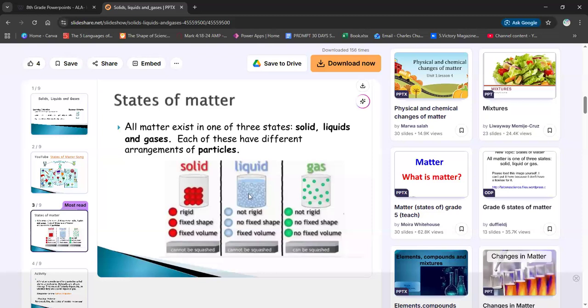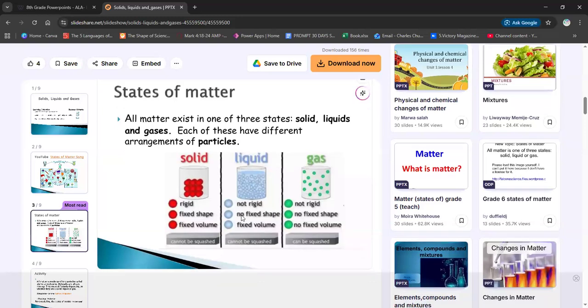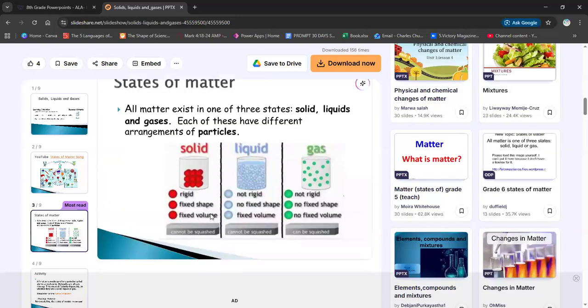Same thing with liquids, well, not exactly. Liquids are not rigid and don't have a fixed shape. They take the shape of whatever container you put them in. And what do liquids and solids have in common? The fixed volume, right? Do you agree? Can you see that, Mason? Yeah.